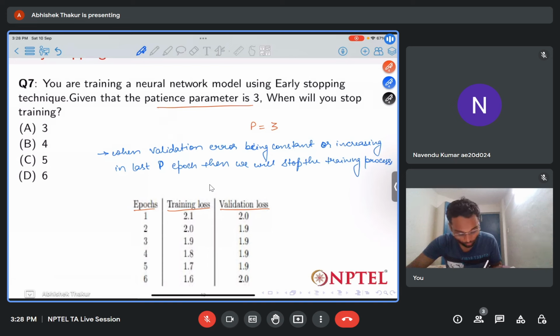Here you can see in epoch 1, the training loss is 2.1 and validation loss is 2.0. Let's draw the curve, that will be better.